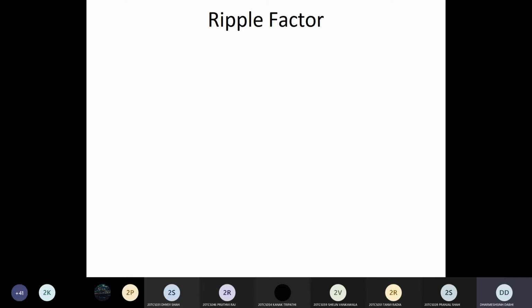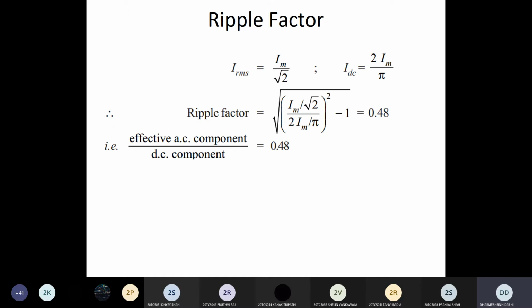Next, the ripple factor we calculate the same way as for the half wave rectifier. So ripple factor is what? The RMS value of output AC component divided by the average DC current. So we write the equation: RMS value of current divided by average value of current, minus 1.